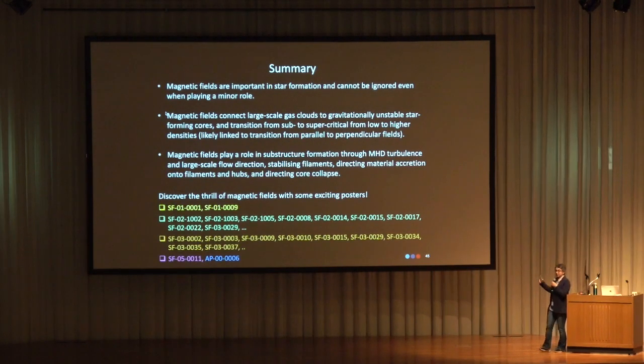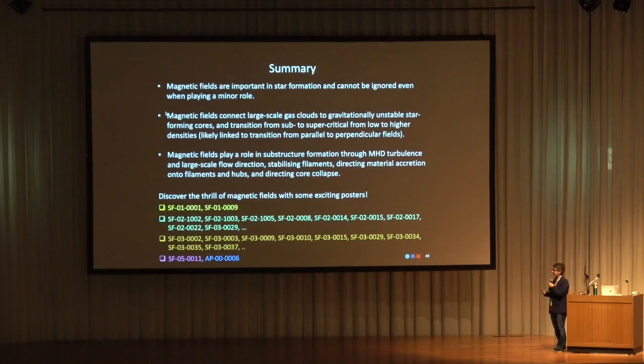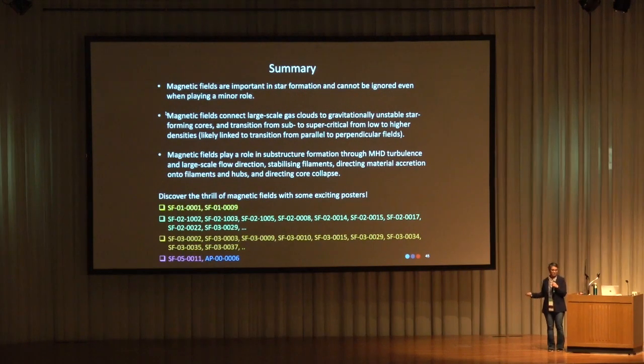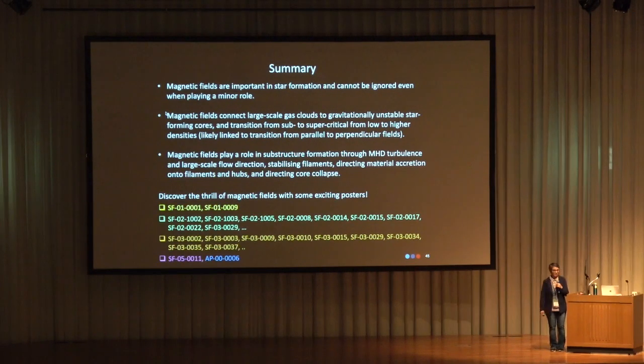Magnetic fields connect the gas from large-scale clouds to small-scale star-forming regions, and magnetic fields play a role in star formation through different instabilities. Finally, there are a few exciting posters on magnetic fields. Sorry if I've missed your poster, but please make sure to visit these posters if you'd like to know more about magnetic fields. Thank you.